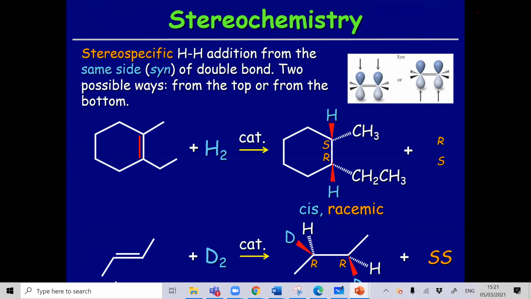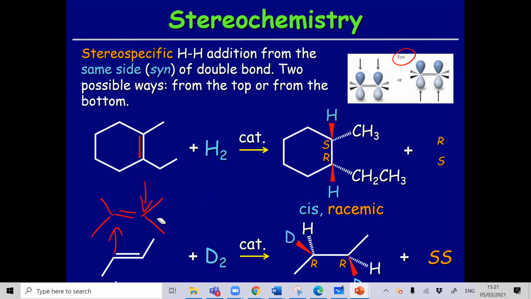Syn means that if you have a double bond, both are going to attack from the same side. Anti would mean that they attack from opposite sides. So this would be anti, but here you have syn. And syn means they are both attacking from the same side.